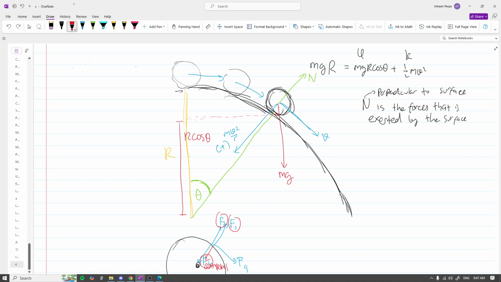We care about this towards or outwards the circle. So there is this vector because of mg. And what is mg? So how to describe this line?